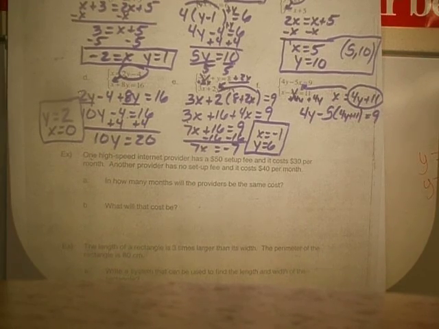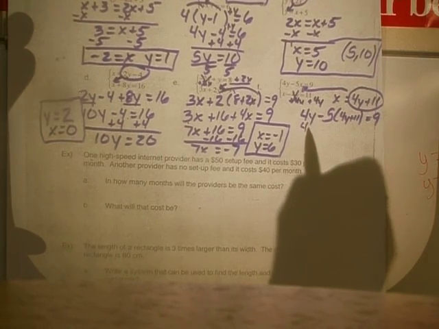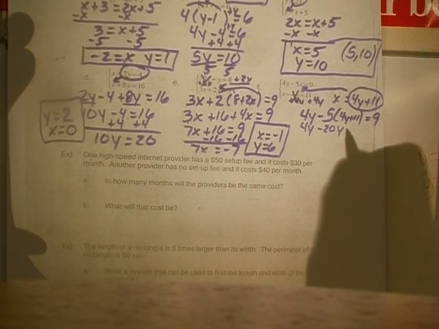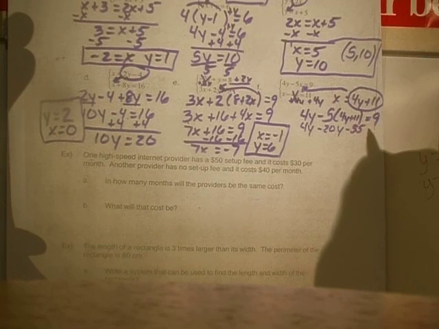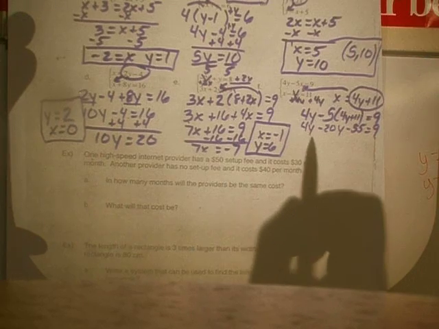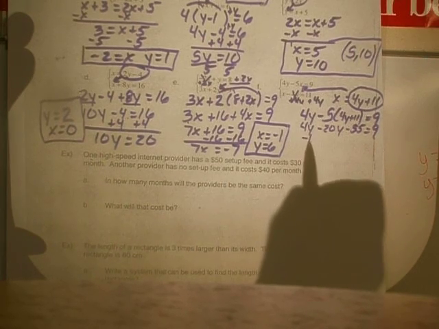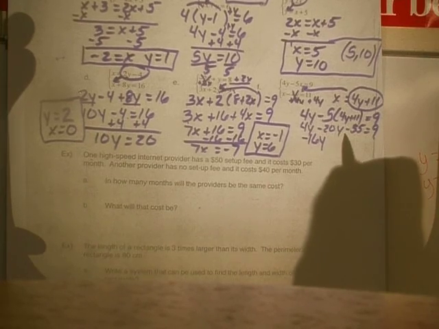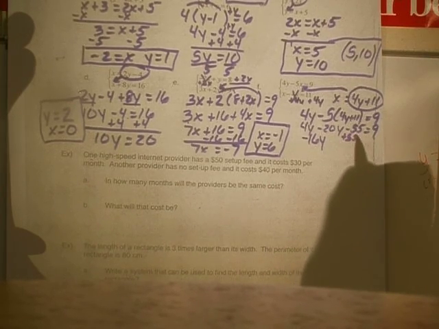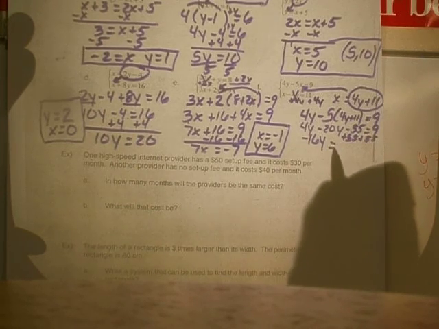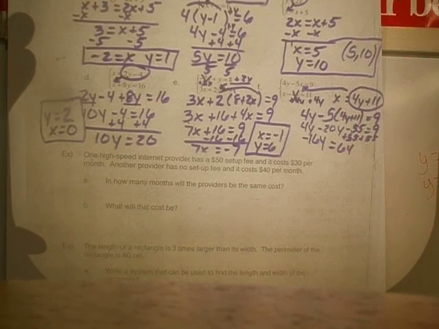I put that whole thing in place of the x, and this becomes 4y minus 20y minus 55 equals 9. 4y minus 20y is negative 16y. And I am going to add 55 to both sides. So you will have negative 16y equals 64.